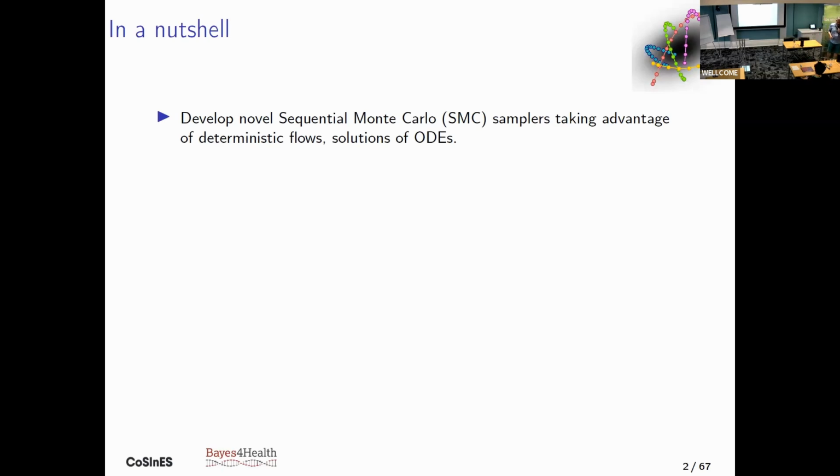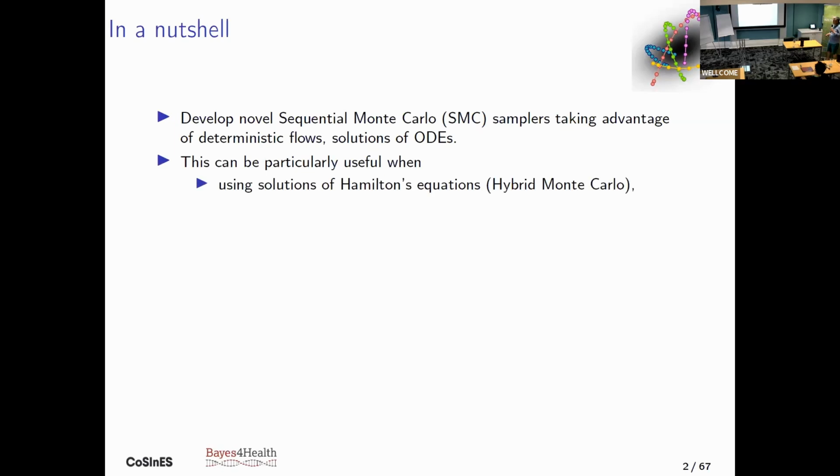And what we try to do in this work is to show how to, in a way, optimally, and of course we don't prove any optimality, use deterministic flows, that is solutions of ODEs, in order to explore the support of the target distribution we are interested in sampling from. So that's the key idea.